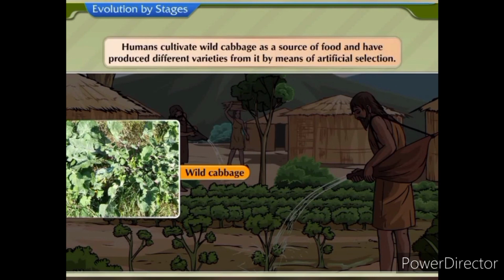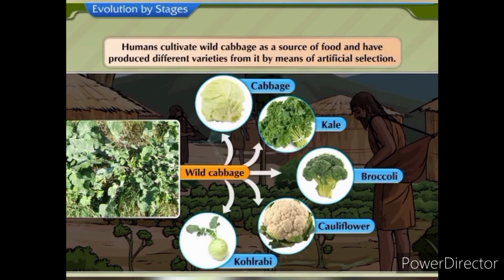Humans cultivate wild cabbage as a source of food and have produced different varieties from it by means of artificial selection. Common vegetables such as cabbage, kale, broccoli, cauliflower, kohlrabi are the descendants of wild cabbage.